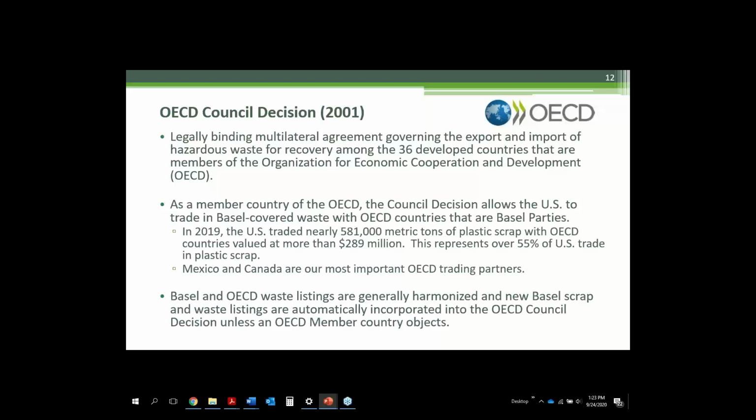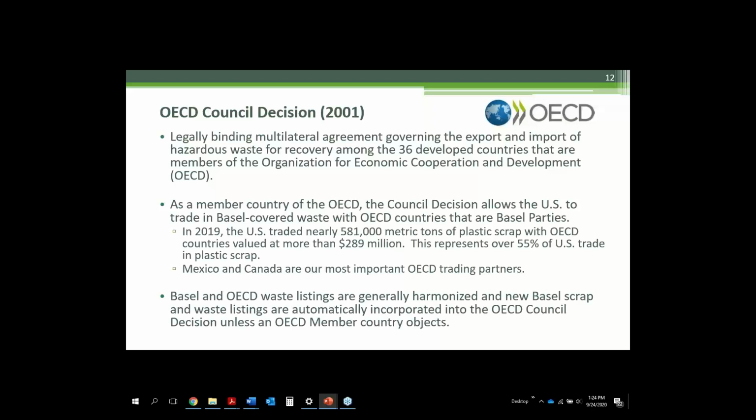The Basel Convention has what's called a party non-party prohibition. Basel parties and non-Basel non-parties such as the US are not allowed to import and export with each other unless there is a certain kind of agreement, which is covered in Article 11 of the Basel Convention. They're just called Article 11 agreements for short, of which the OECD Council decision is one.